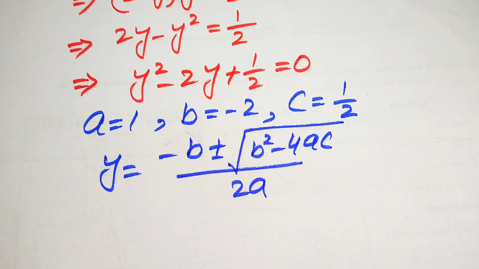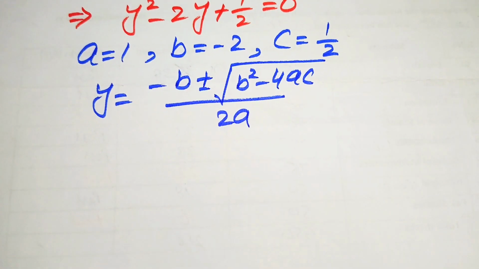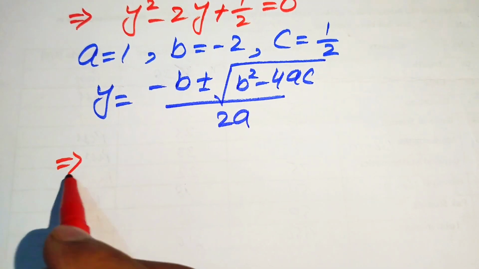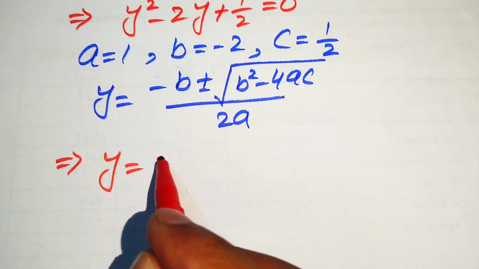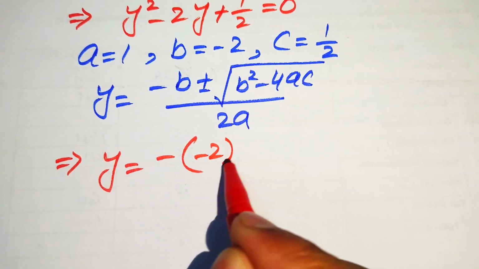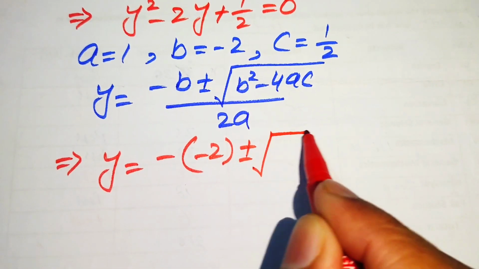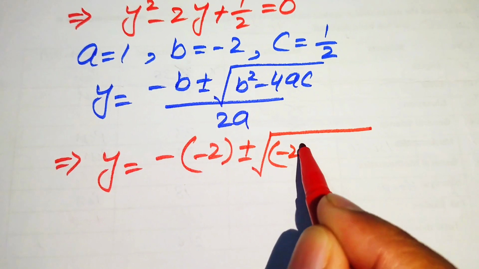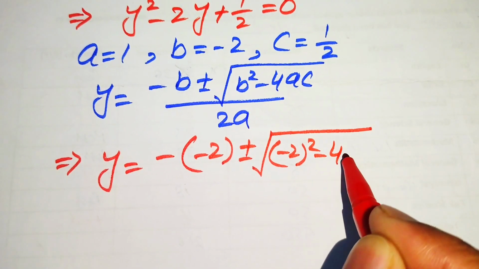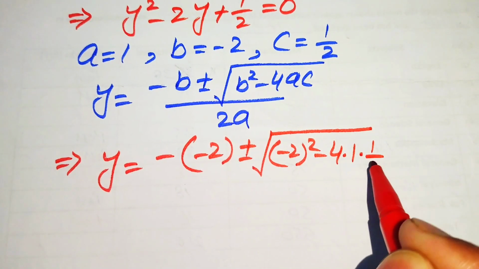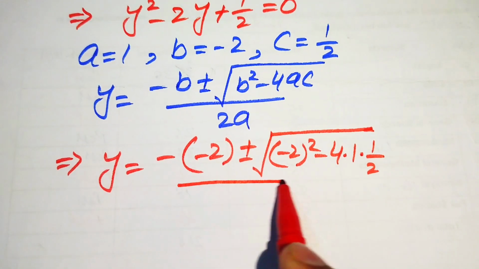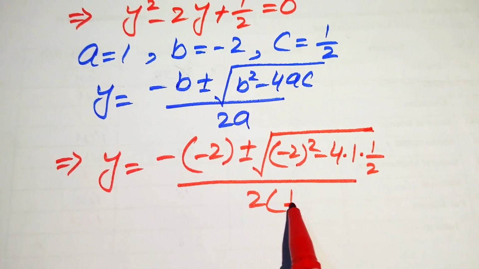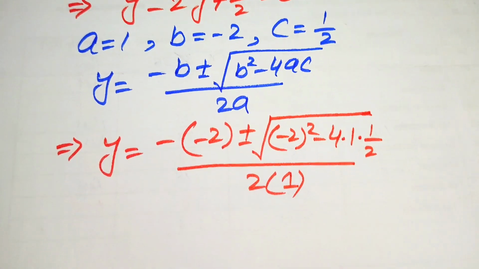And now we substitute the values of a, b and c in this formula, and it will be written as y equals minus b, the value of b is minus 2, plus minus square root of b squared, b is minus 2 squared, minus 4 times a is 1, and c is 1 over 2, and it is divided by 2 times a, and a is 1.